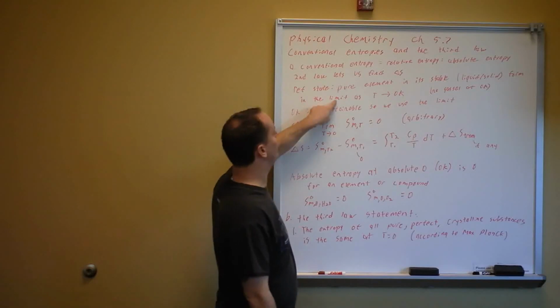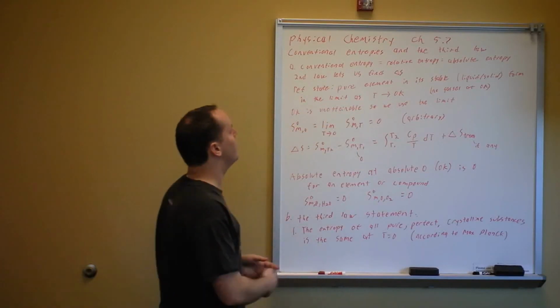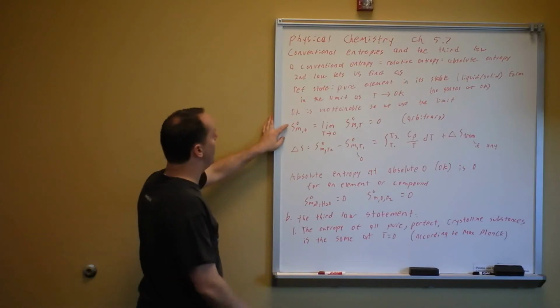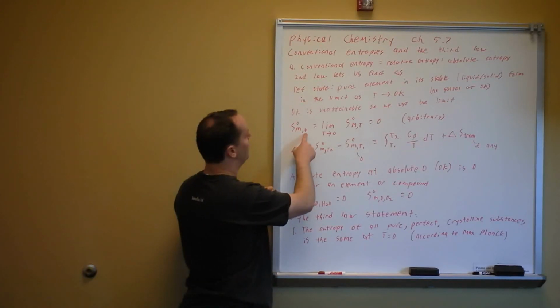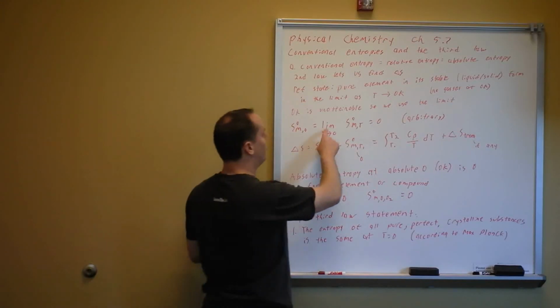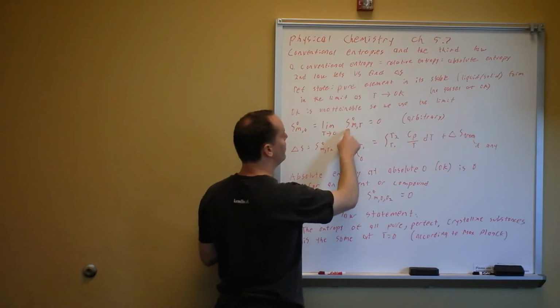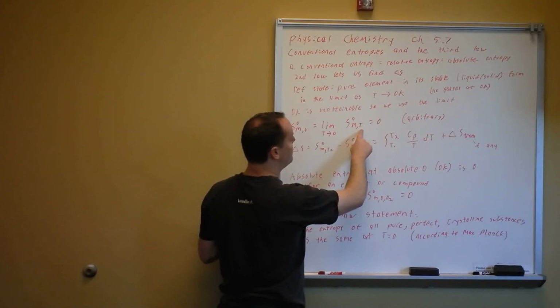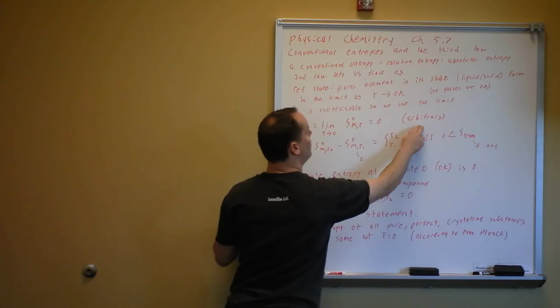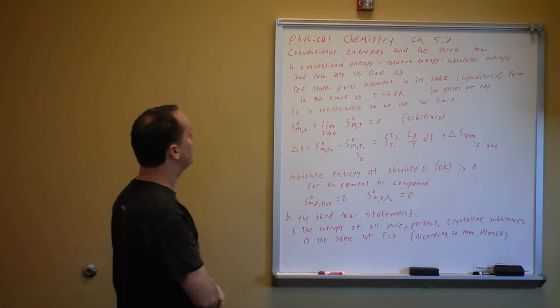That's why we're using the limit as temperature approaches 0 instead of just saying that temperature is equal to 0. So what we have is the molar entropy at temperature 0, at 1 bar. That's the limit as temperature approaches 0 of the molar entropy at 1 bar, and that's equal to 0. And this was arbitrarily set.